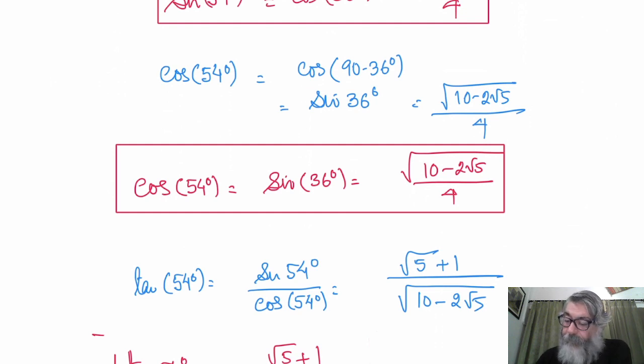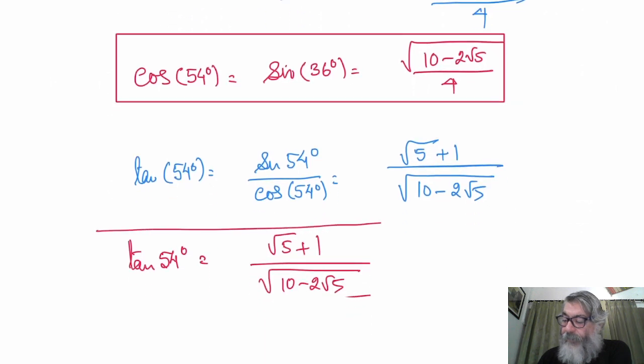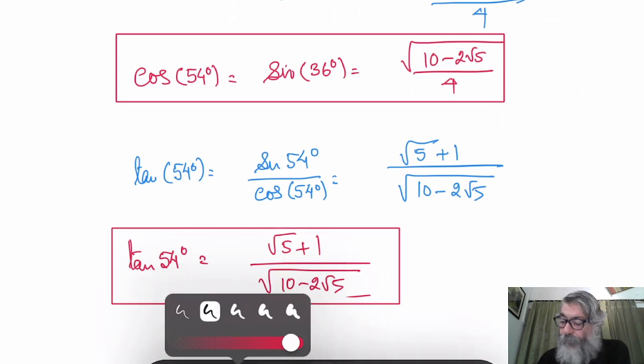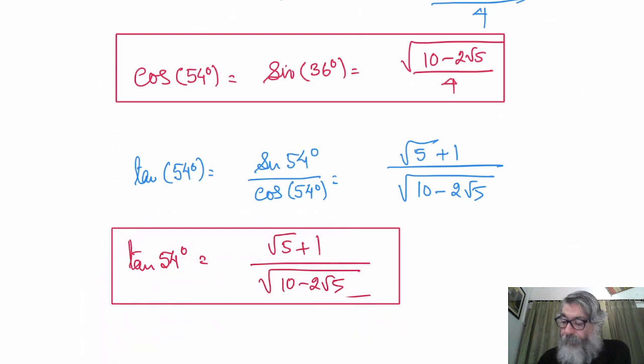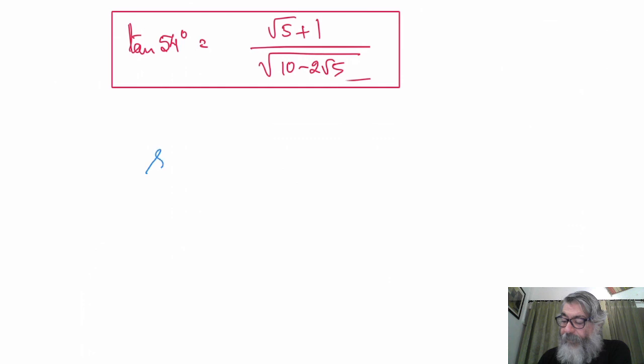If I want to write sine 72 degree, I can write it as sine of 90 minus 18 degree. It will become cos 18 degree. And what is the value of cos 18? Let's find out.